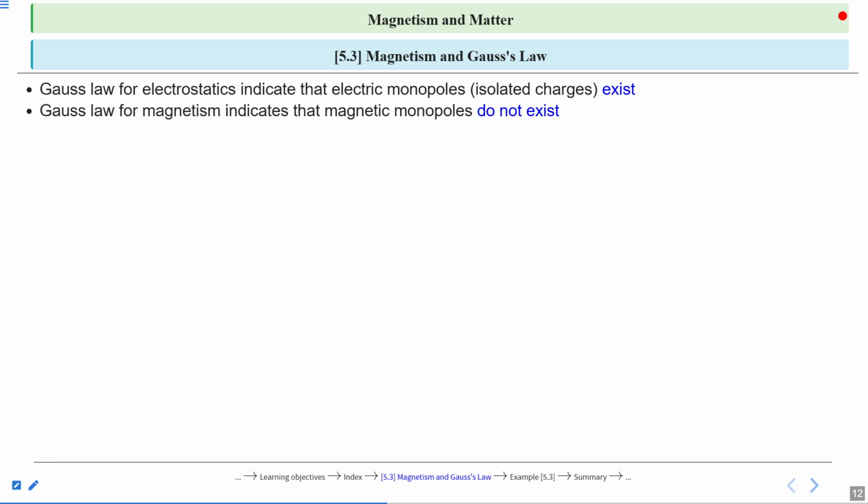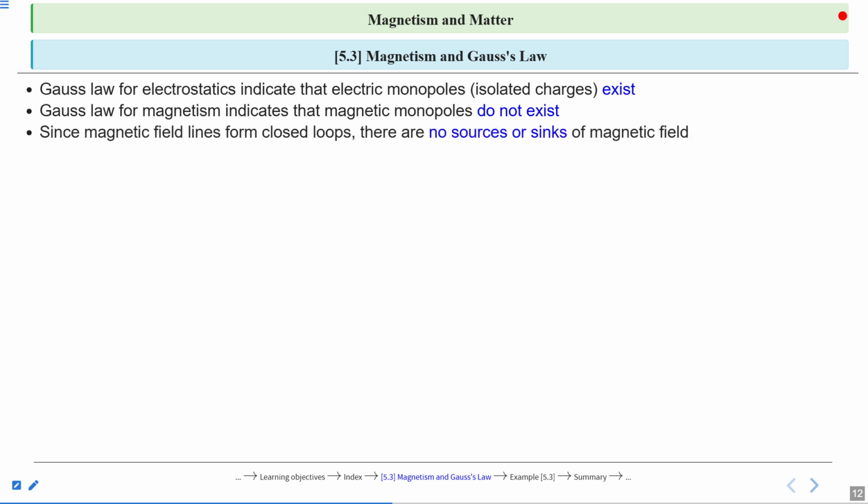That means magnetic monopoles do not exist. Since magnetic field lines form closed loops, there are no sources or sinks of magnetic field. That means we cannot define the originating point of the magnetic field. It is always in the form of closed loops. So we cannot determine that it is originating from north or south. Got it?